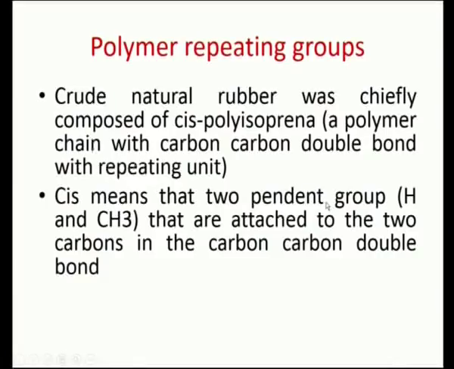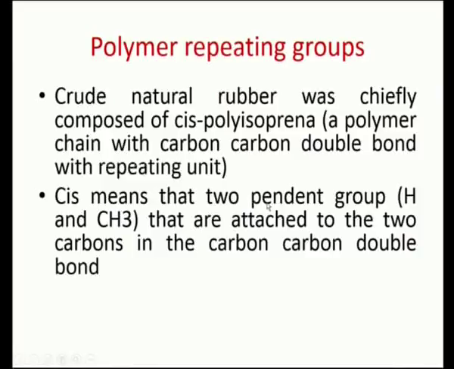Polymer repeating groups. The crude natural rubber is chiefly composed of cis polyisoprene, a polymer chain with a carbon-carbon double bond in the repeating unit. I already discussed in the previous lecture the isomer present in the polymer monomer, which is isoprene, cis in nature for natural polymer. Cis means both components are present on the same side.